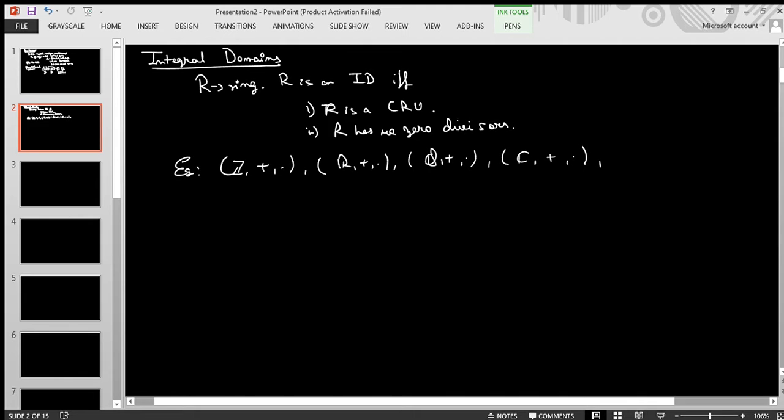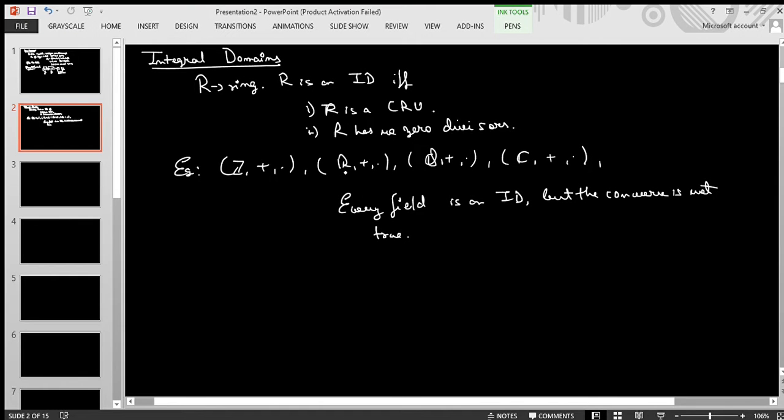A very important statement about integral domains, I should be giving you this: every field is an integral domain, but the converse is not true.